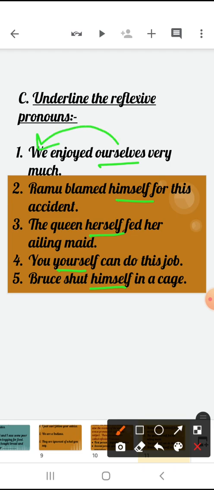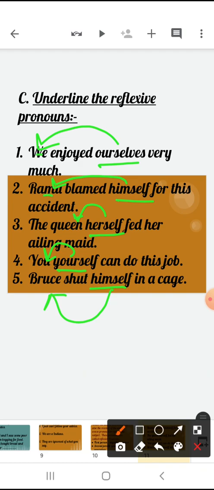Ourselves is used for we. Himself is used for Ramu. Herself is used for the queen. Yourself is used for you. And himself is used for Bruce. So in these reflexive sentences, what is the subject?